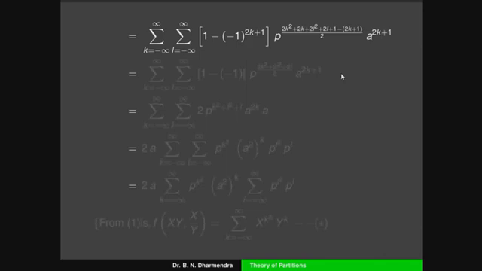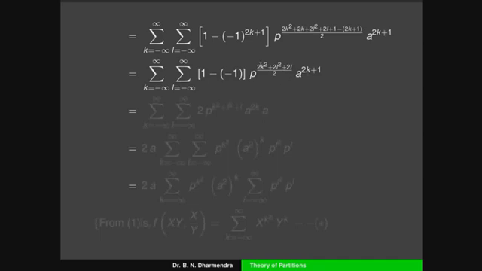That is equal to, and since this power is an odd term, it can be written as 1 minus of minus 1. So k running from minus infinity to plus infinity is the first series, and the second series is l running from minus infinity to plus infinity, of 1 minus of minus 1, because that power is odd, into e to the power of 2k square plus 2l square plus 2l divided by 2 into e to the power of 2k plus 1.